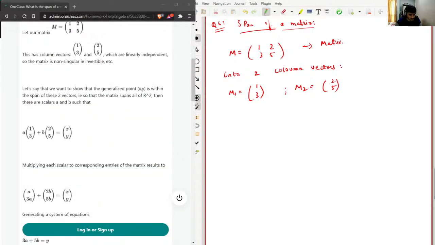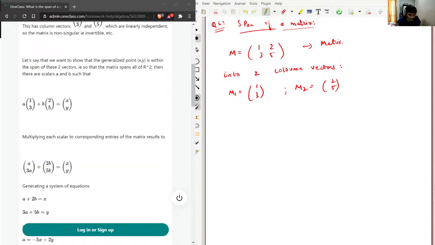Now let's see what they are doing. Let's say that we want to show that the generalized point x comma y is in the span of these two vectors, that is, the matrix spans all of R squared. Then there are scalars a and b such that a times 1 3 plus b times 2 5 equals x y. We multiply the scalar terms, so this becomes a, 3a, and 2b, 5b, equal to x y.